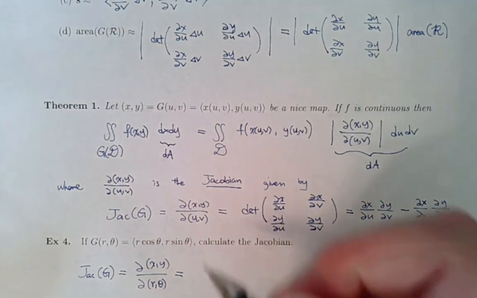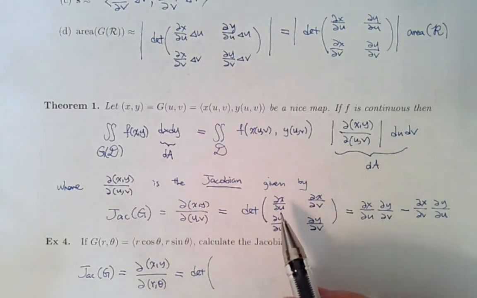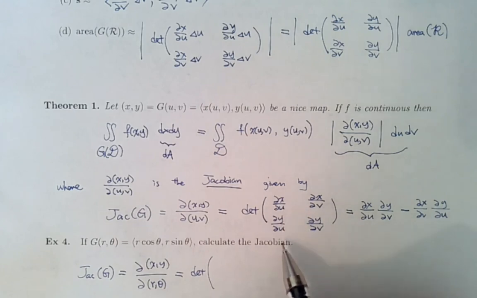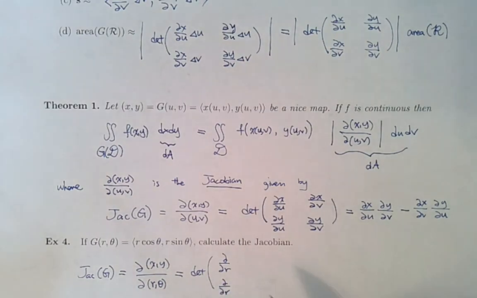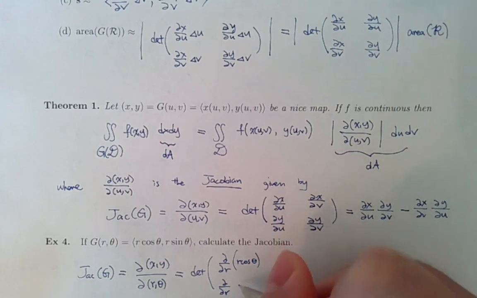And what we have is a determinant of partial derivatives. Now, we have x, which is r cosine theta, and we take the derivative with respect to r. And then we'll write r cosine theta here, and r sine theta here.